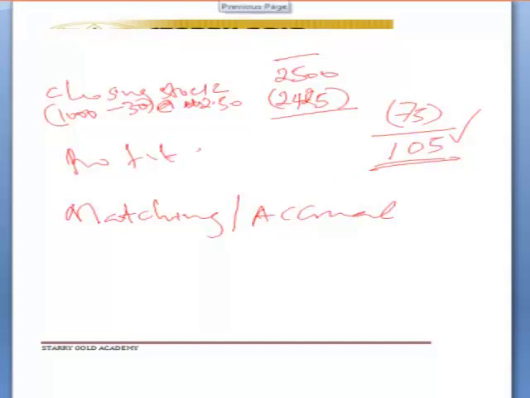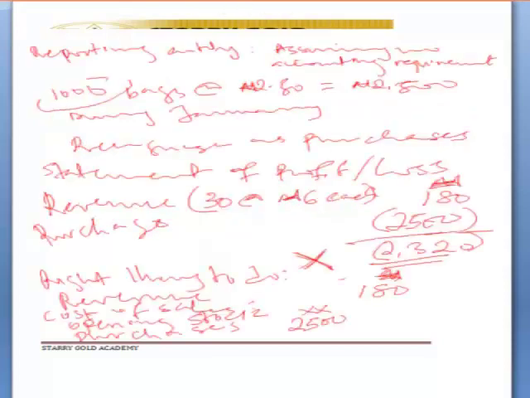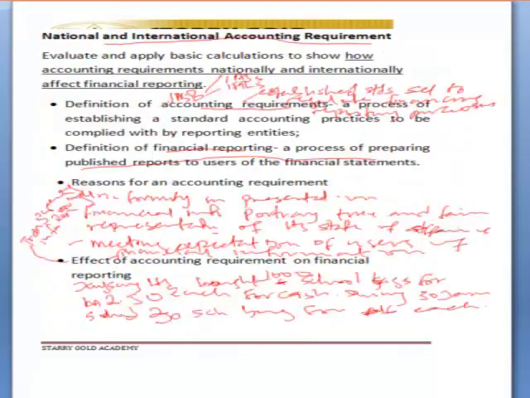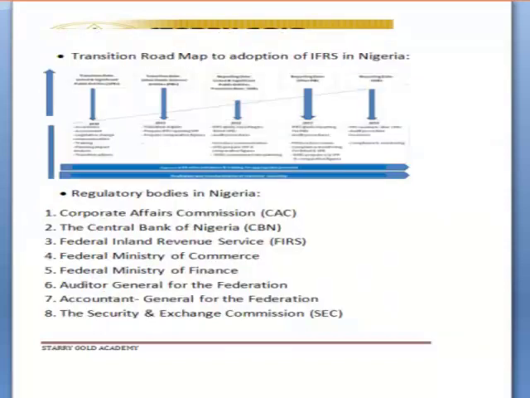So that is all about the effect of our accounting requirements on financial reporting. It makes sure that our financial figures present a true and fair view.